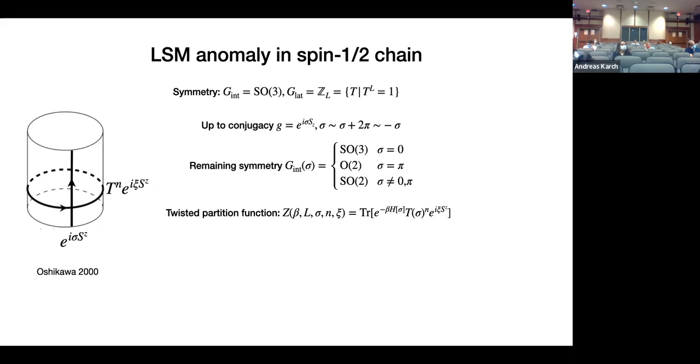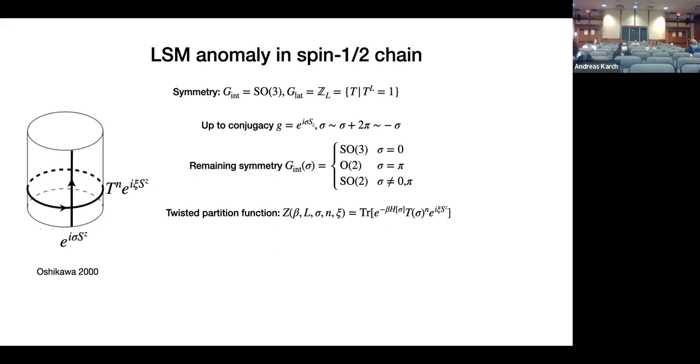Now, in the presence of such a defect in the spatial direction with the twist, the internal symmetry group is reduced. When sigma is 0, there's no twist, and we have the full SO3 symmetry. When we have a generic value of sigma different from 0 and pi, we only have a U1 rotation remaining because of e to the i sigma Sz.